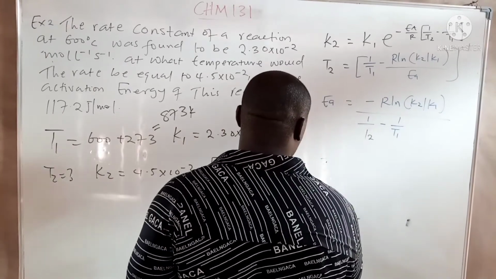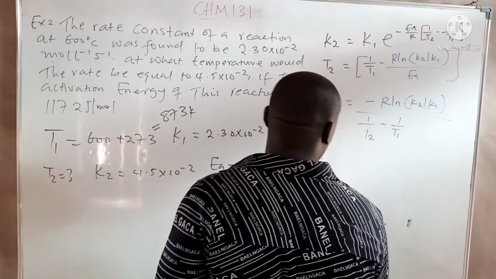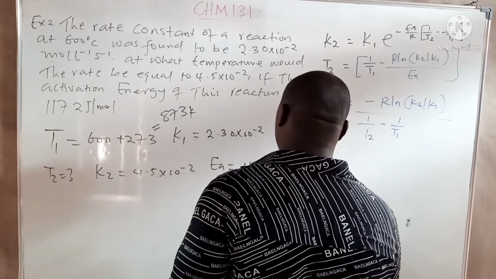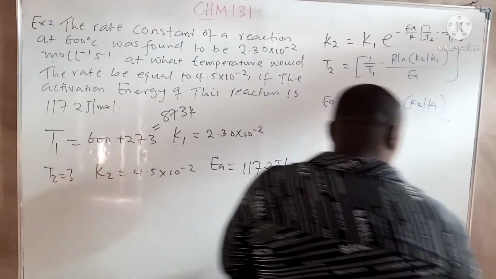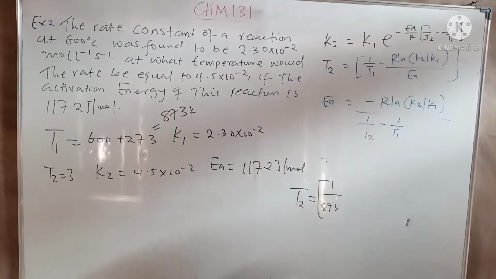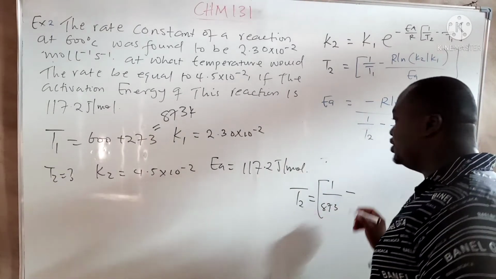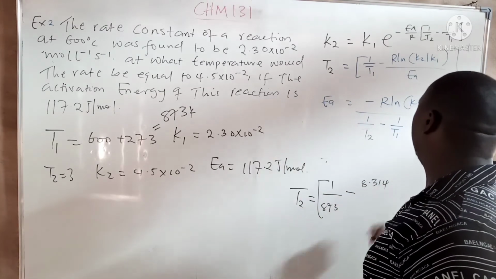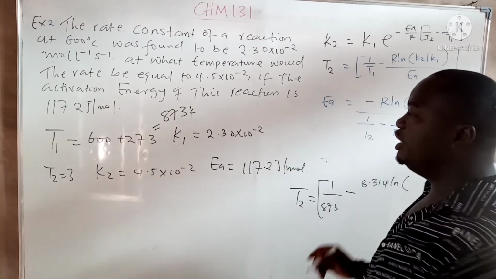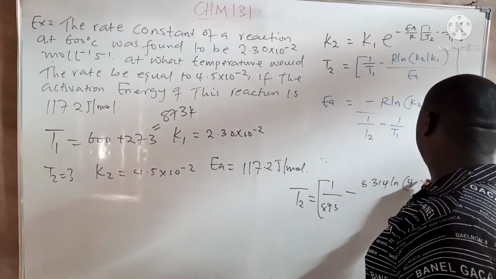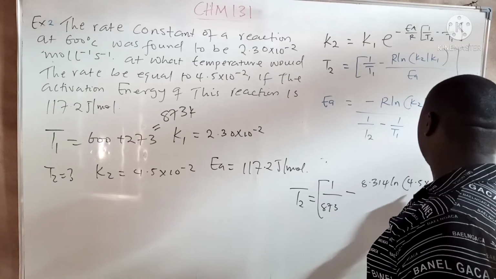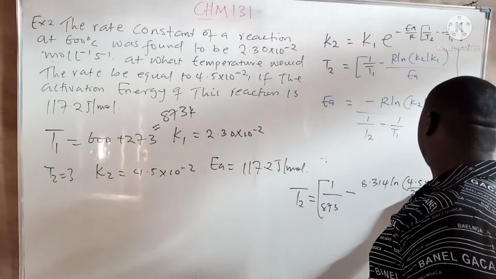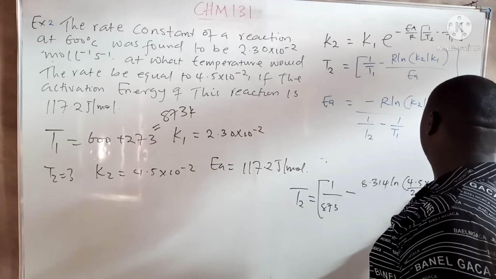Now T2 is 1 over, your T1 is 873, minus, your R is 8.314, times the log of your K2, which is 4.5 times 10 to the power minus 2, all over your K1, which is 2.3 times 10 to the power minus 2.